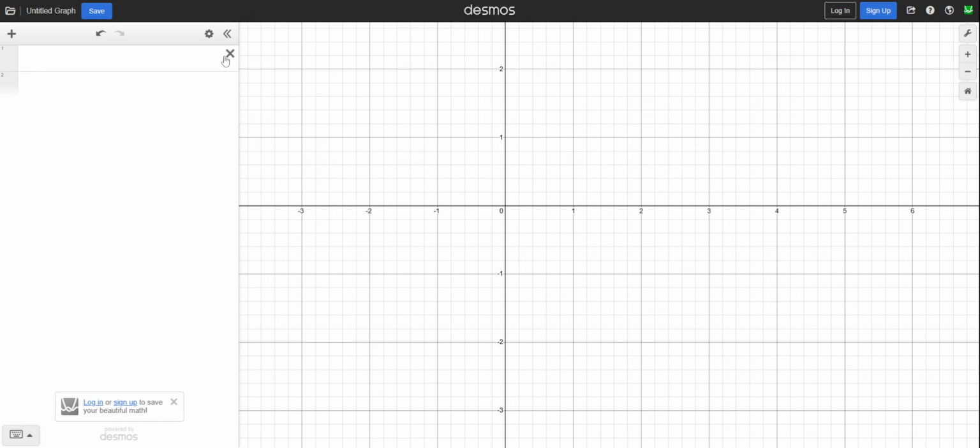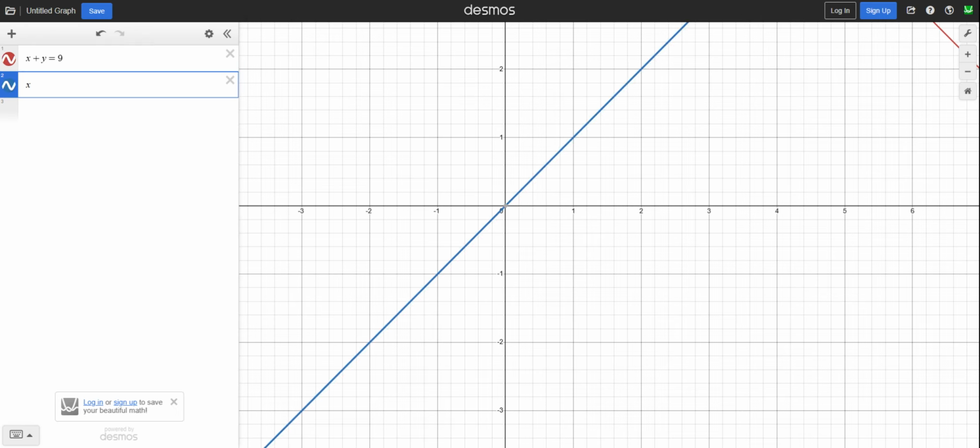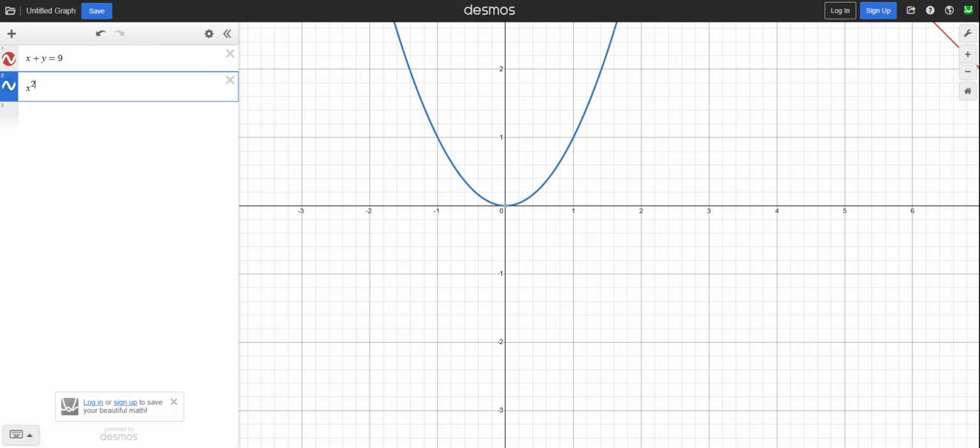Love, love, love this homework. X plus y equals 9. Enter. X squared minus y squared equals 81.